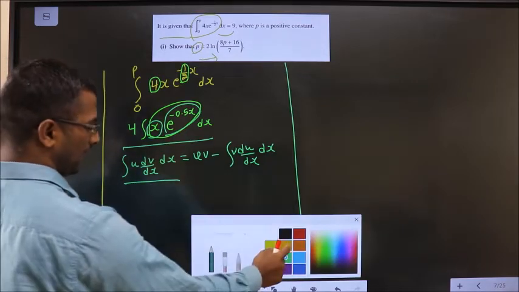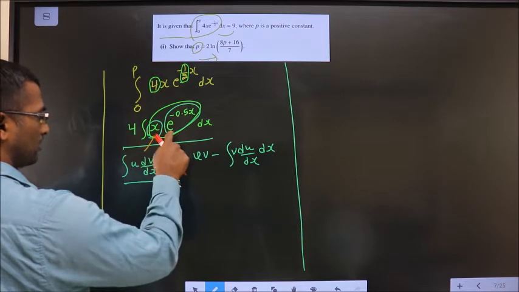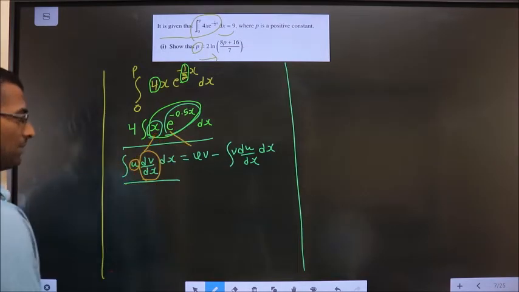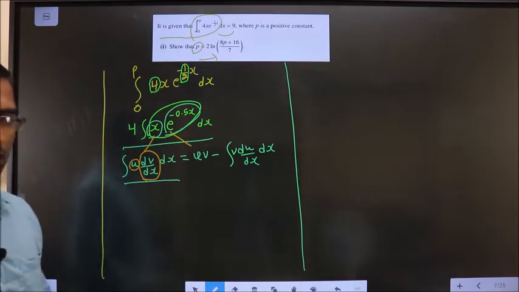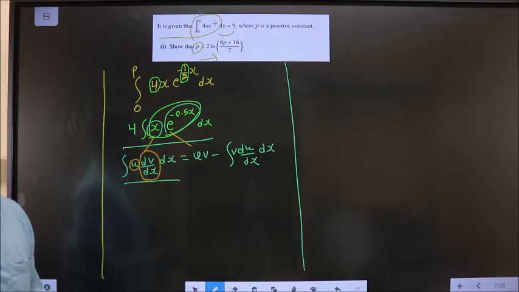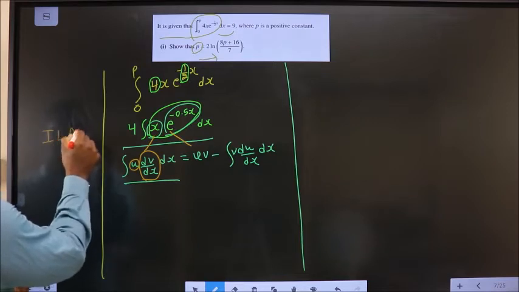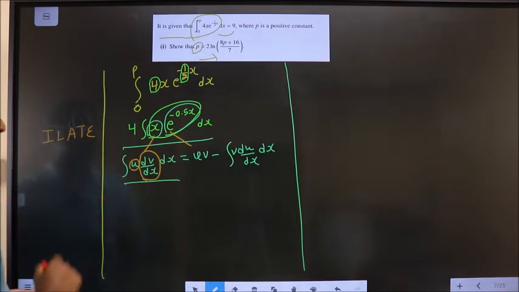When I am equating, I realize that one of them should be taken for u and the other one should be taken for dv by dx. Now the question arises, which one do I select for u? And that is told by the word ILATE. How is this word helpful to us?